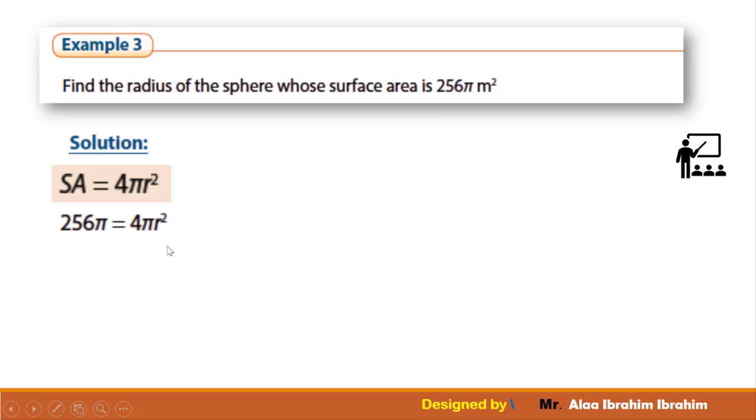Now I have to treat it as an equation. How do I get rid of everything around what I require? What I require is the radius, so this is my variable. I have to cancel everything around this variable. The 4 and pi are stuck with r squared, so I have to cancel them. How do I cancel them? With the inverse operation.